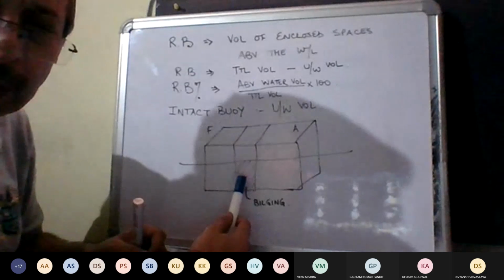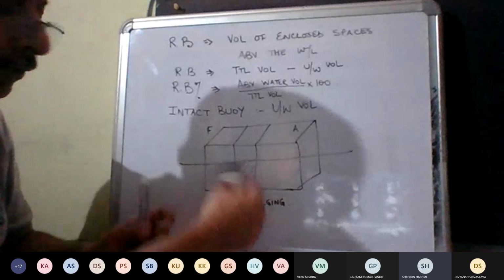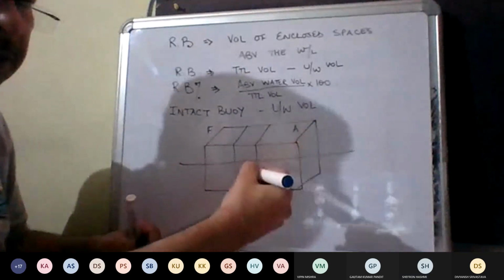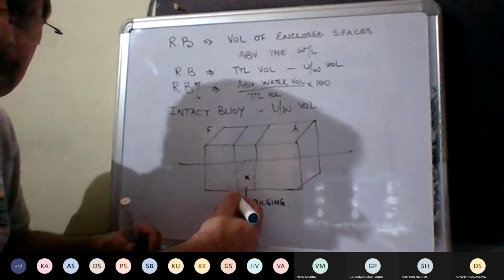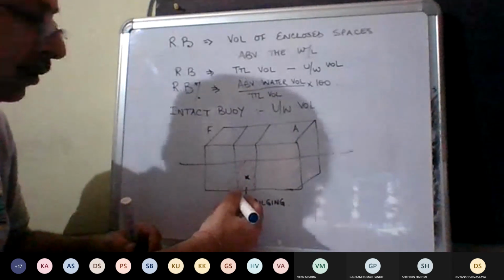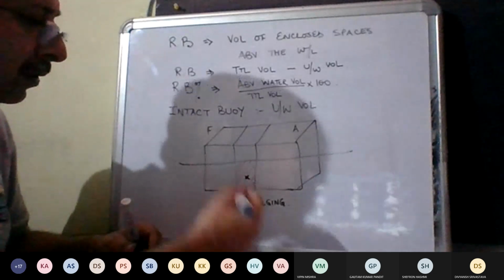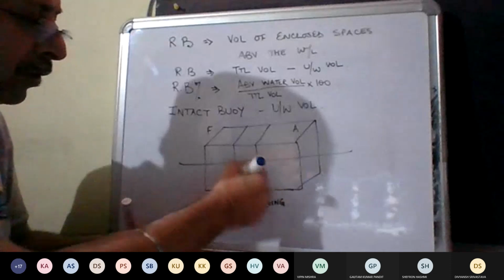I have a hole here, a hole in my ship side. So the water will come in through the hole. Now I've got water inside the compartment.